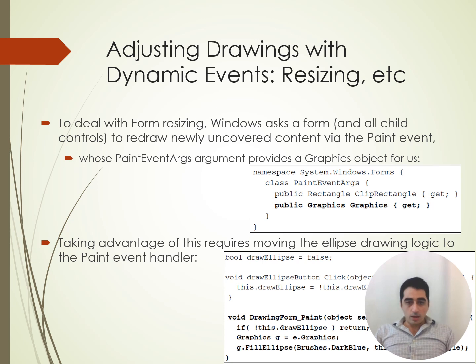handler. What is Paint? Paint is an event for every single form that you create, and it's an event handler that basically gets two input parameters. The first one is the sender, the object sender that every event handler receives. The second one would be the PaintEventArgs. It's not going to be EventArgs, it's PaintEventArgs.